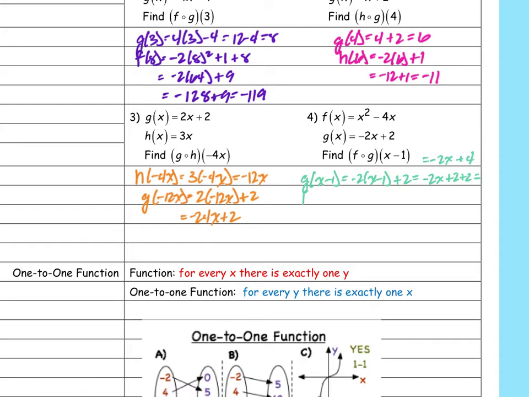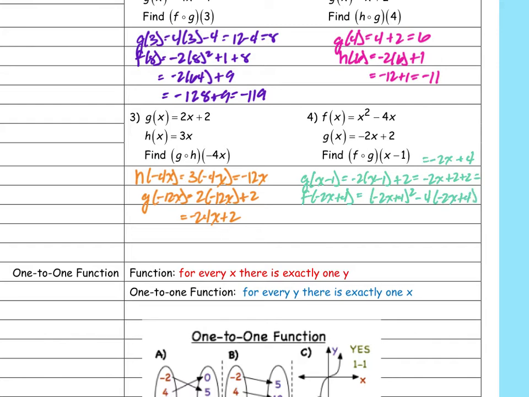So then I'm going to do f of negative 2x plus 4, which is going to be negative 2x plus 4 squared, and minus 4 times negative 2x plus 4.